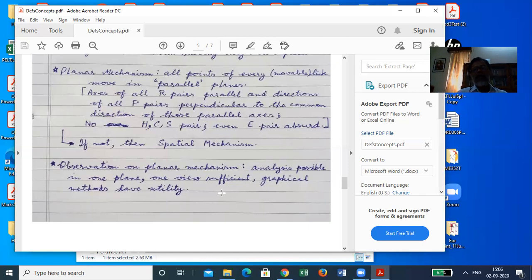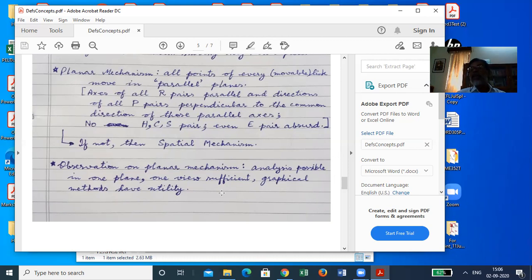Okay. So if the bodies are moving relative to each other on a table, then you take a picture from the top, and you will see everything moving on the table. Okay. So one view is sufficient, and that means you can show things on a diagram, and therefore graphical methods have enormous utility.